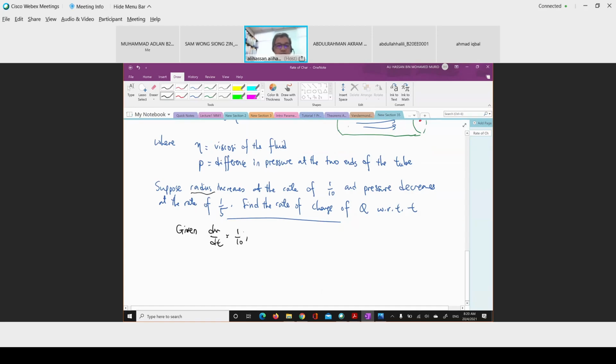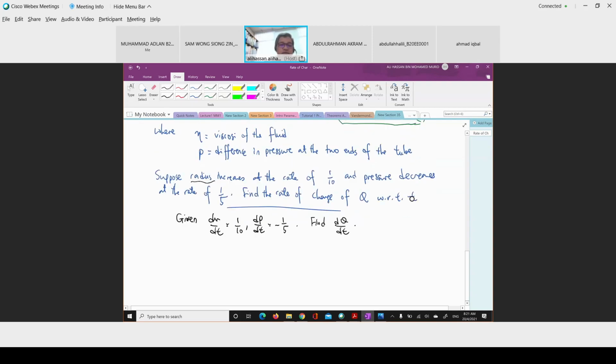What else is given? 1/5, dP/dt. The pressure is decreasing, so should it be 1/5 or minus 1/5? Minus 1/5, right? And what do we want to find? Q with respect to t, dQ/dt.